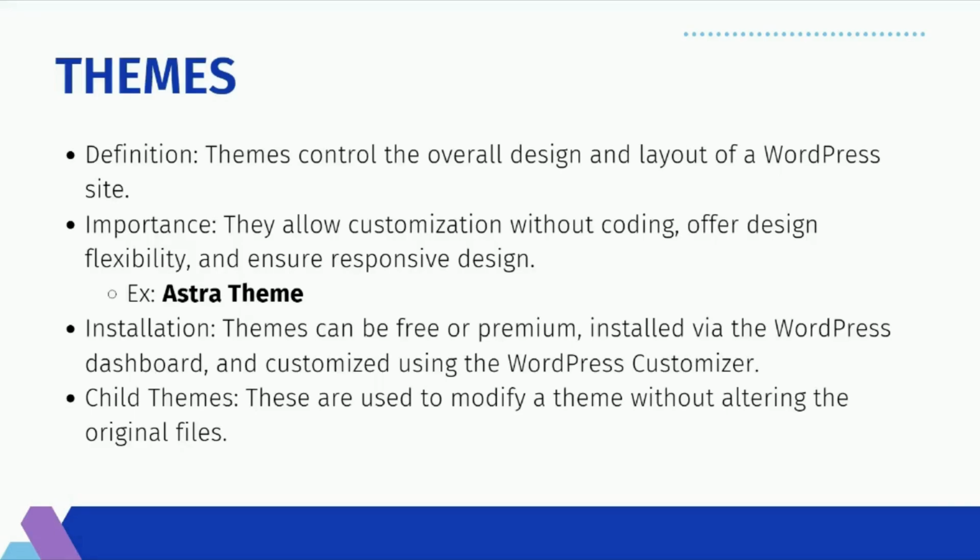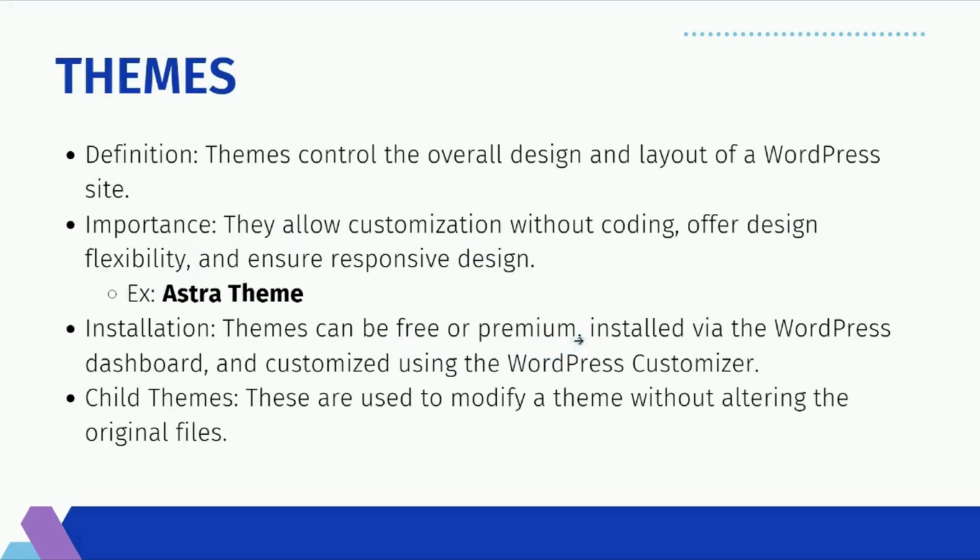They are different, so I will discuss later. Installation. Themes can be free or premium, installed via the WordPress dashboard, and customized using the WordPress Customizer. Child theme. These are used to modify a theme without altering the original files.